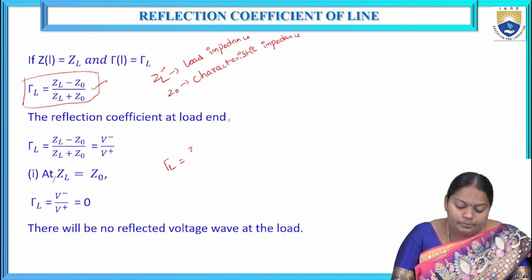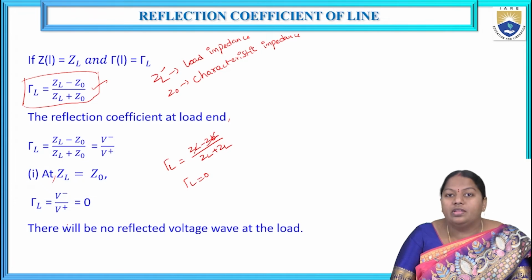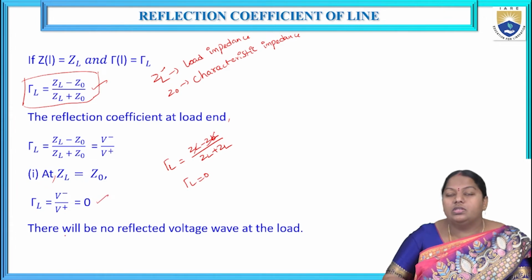Now it is (ZL minus ZL) by (ZL plus ZL), so the numerator cancels and gamma L is equal to 0. So gamma L equals V minus by V plus equals 0, where V plus is the incident wave and V minus is the magnitude of the reflected wave. So gamma L is 0 for the case ZL equal to Z naught.